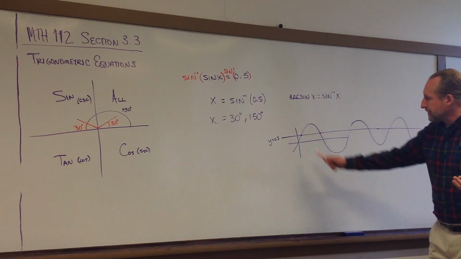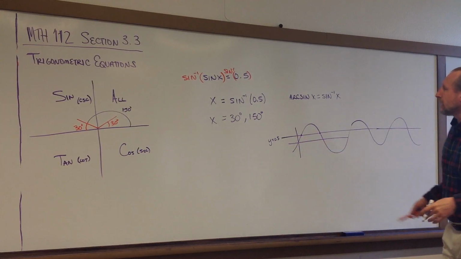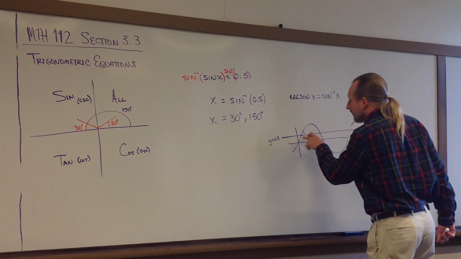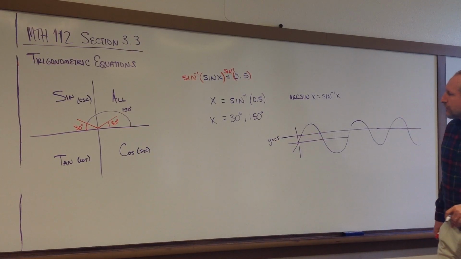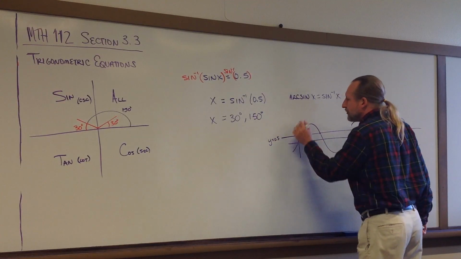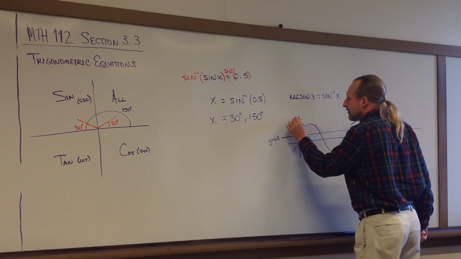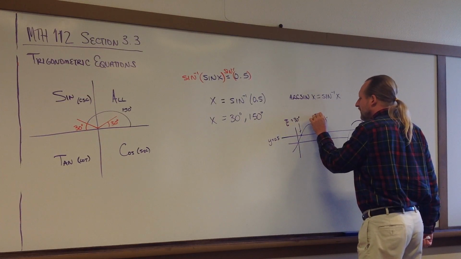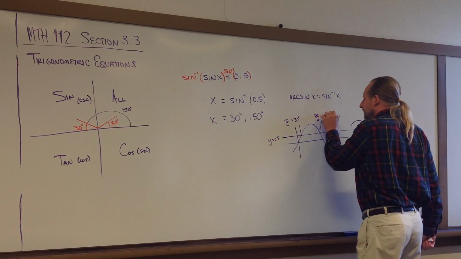Now in the graph, these are going to show up as radians. Okay, you can convert them to degrees, but in the graph itself, they're going to be shown as radians. But this would correspond to pi over 6, which is 30 degrees, and this one over here is 5 pi over 6, which is 150 degrees.